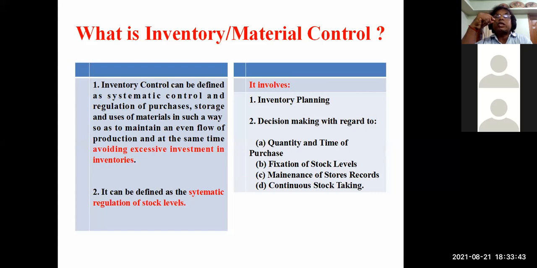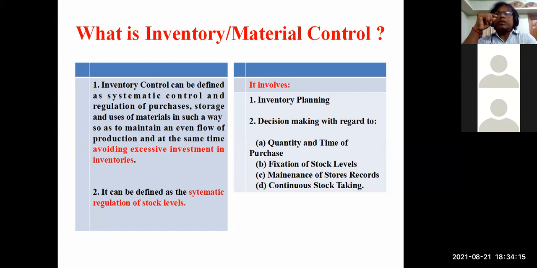Then fixation of stock level, how much to purchase. If you purchase too much, money will be blocked. If you purchase too much raw material, you need more storeroom, godown, and the godown rent will increase, wastage will increase.